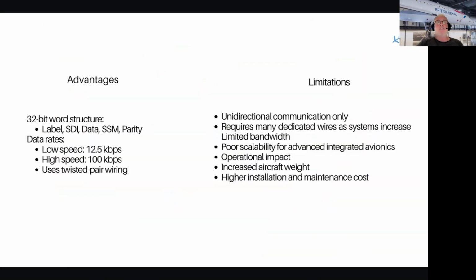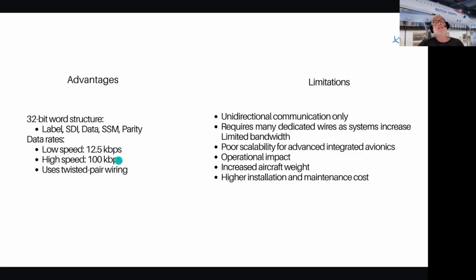So the advantages of Arinc 429: it has a 32-bit word structure. It would be labeled with system identifier, data parity, data lines, data rates, and all that. It was relatively low speed, at 12.5 kilobits per second, and high speed, about 100 kilobits per second.